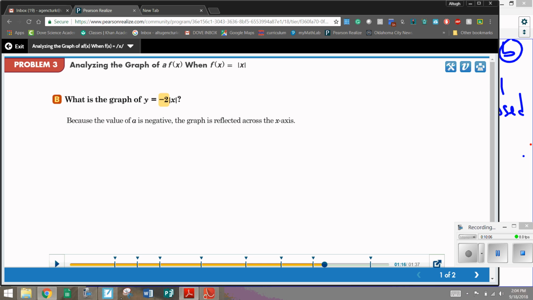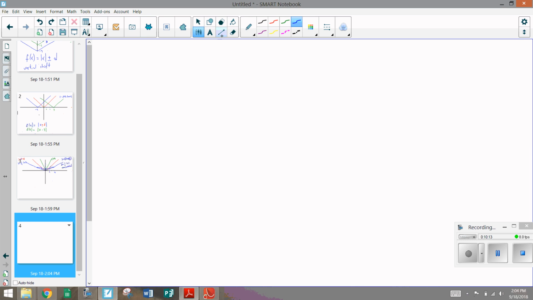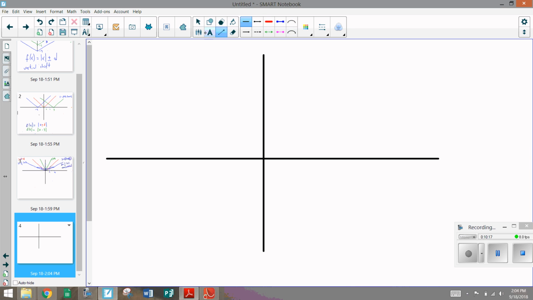I'm going to get back to this and open up a new one. I will draw a coordinate plane. I'm going to write a function f of x is equal to -2 absolute value x.